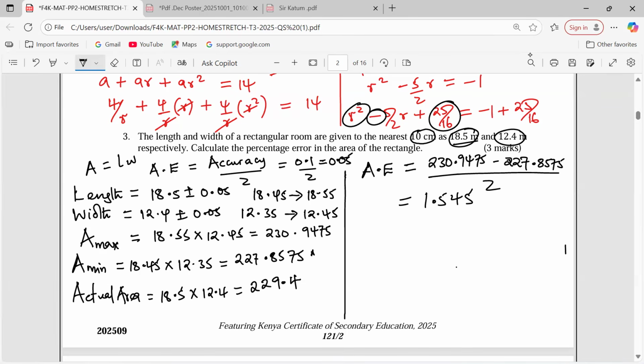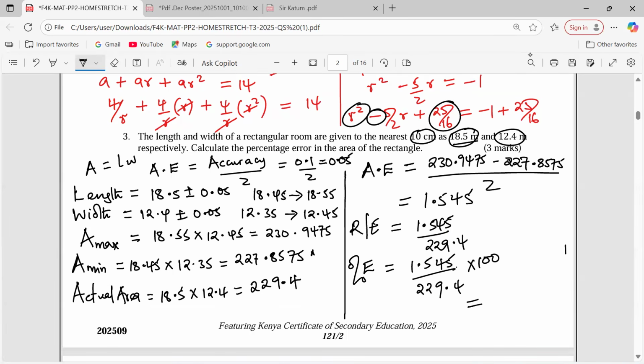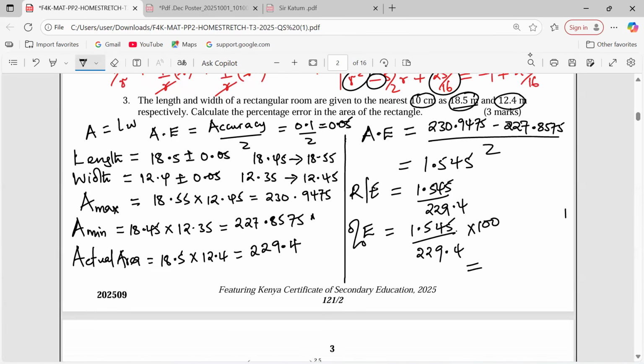After that, we can talk about relative error, which is given by absolute error divided by actual area, 229.4. Then after that, we go to percentage error, which is relative error multiplied by 100, to give us the percentage error.